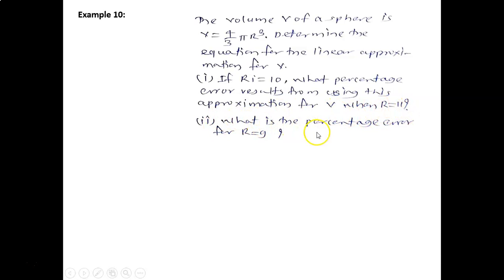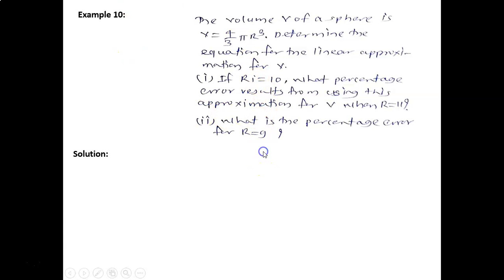Second, what is the percentage error for R is equal to 9? Means we have to find out in this problem the percentage error also. Means V approximate also we will find out and we will find out the percentage error also.